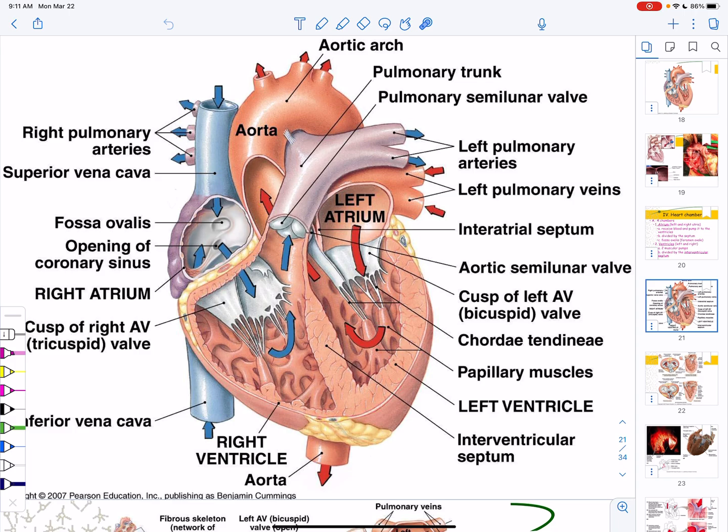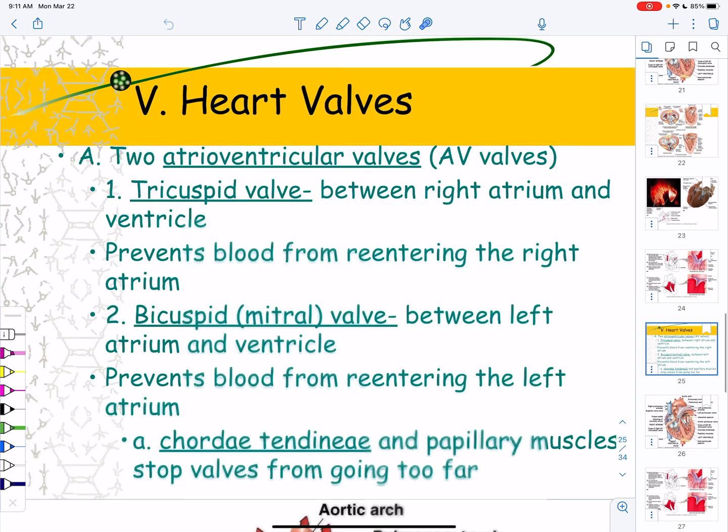Okay, these are known as the AV valves. And the AV valves are, again, atrio being the atrium, ventricular being the ventricles. The atrioventricular valves are in between the atrium and the ventricles, and they make the blood continuously move in only one direction.